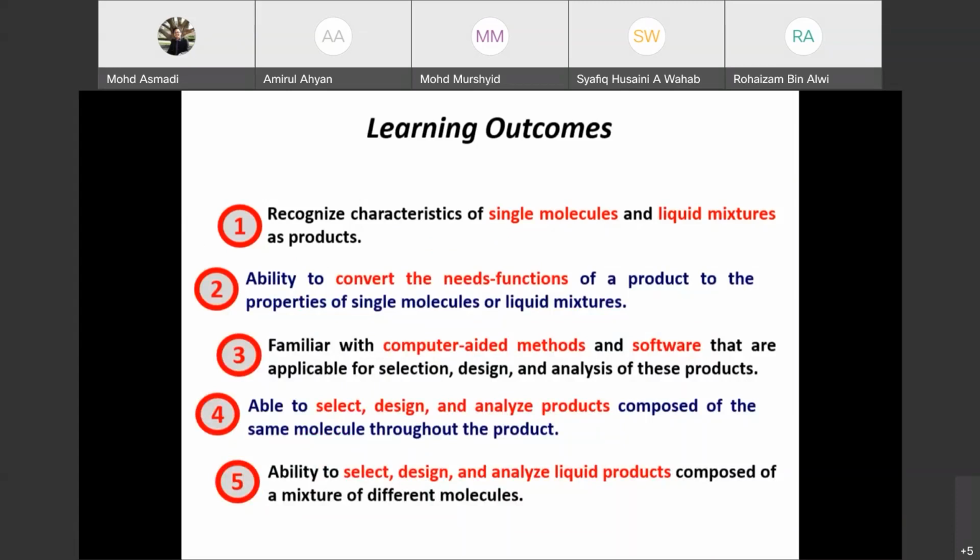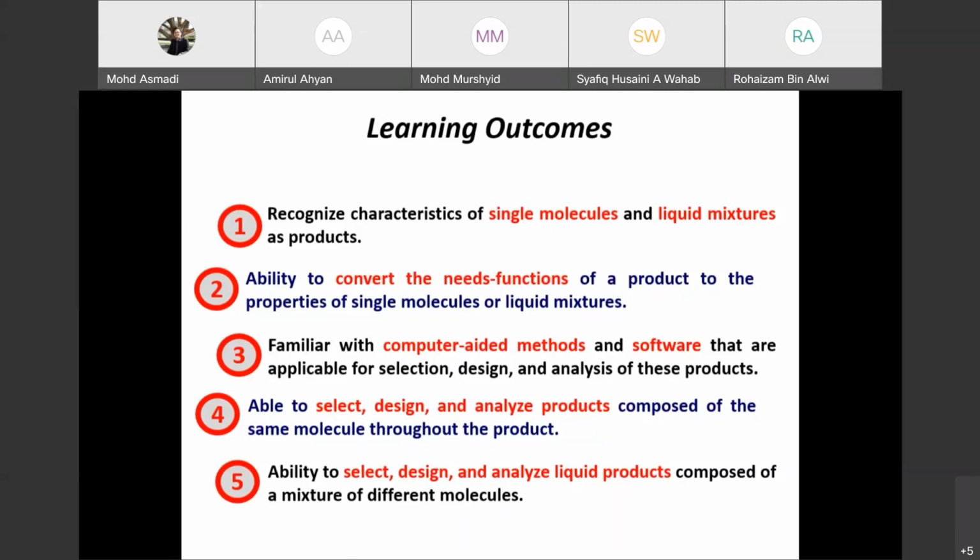Okay, so learning outcomes, if you look at here that there is a 5. I hope that after you study or you understand this topic, you boleh recognize characteristic of single molecules and liquid mixture. This is the blended lah, blended and also molecular molecules. Okay, so you are able to convert the needs function of the product to be properties of single molecules or liquid mixture.